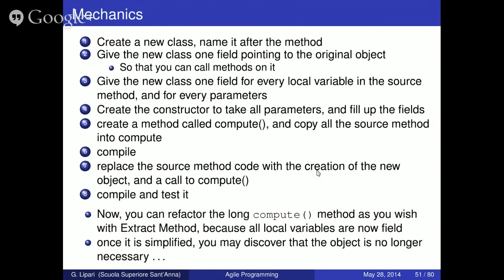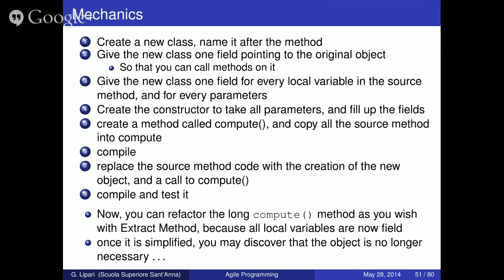Now, if compute is long, finally you can refactor as you wish using extract method, because all local variables are now fields and so are easy to be accessed from the new method. Once you simplified everything and everything continues to work, you may actually discover that the object is no longer necessary, and then you have to eliminate it.